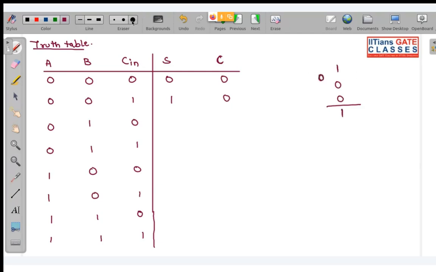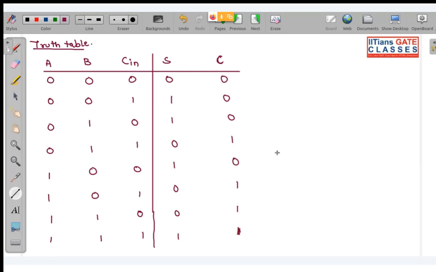Here also 1, 0. Here sum will be 0, carry will be 1. Here sum 1, carry 0. Here sum 0, carry 1. Here also sum 0, carry 1. Here sum will be 1, carry will also be 1.